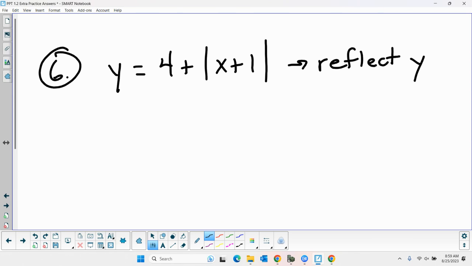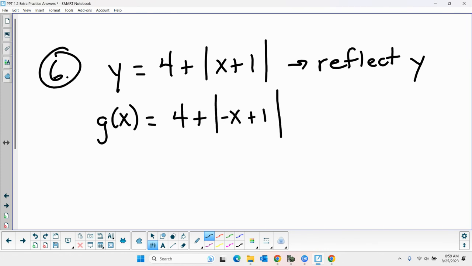That's when I change the x. So I just take the opposite of the x. So, that told us to make it g of x, but you can write y again if you want. So I just do that. Okay? There's nothing else I can do to simplify it.